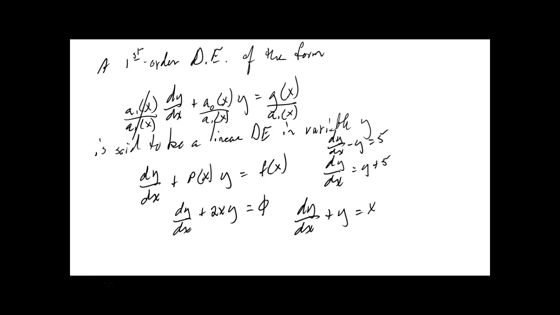Because if you subtract y from both sides, you get x minus y. If that was x times y, that would be fine. But x minus y, you can't separate. So this is one that you can't do. Just looks no more complicated than these two, not separable. So this one you have to use the technique we're going to develop. We haven't gotten there yet, but we'll get it.